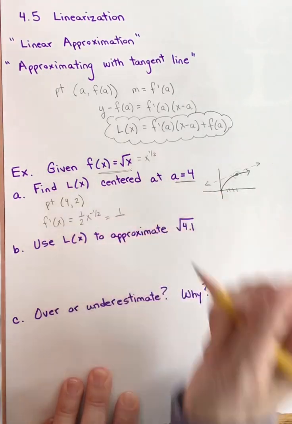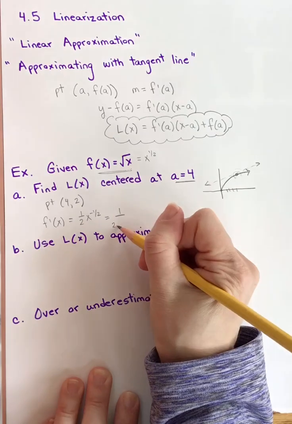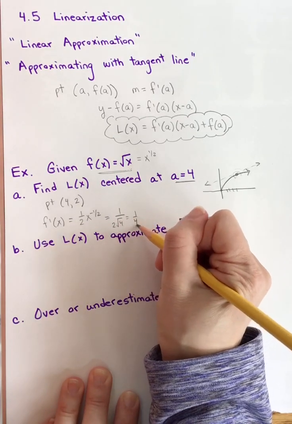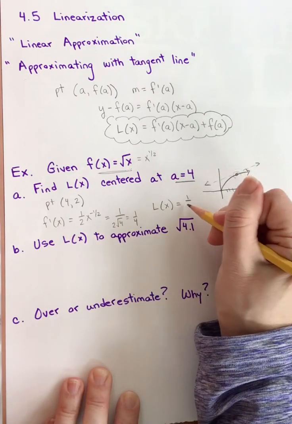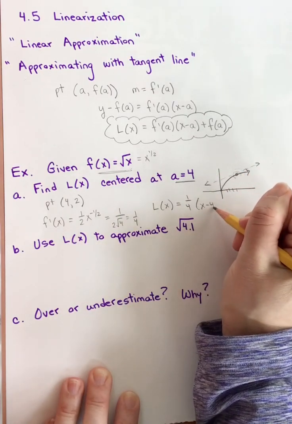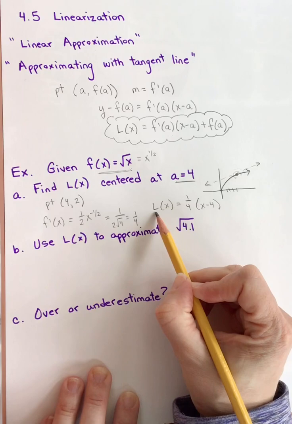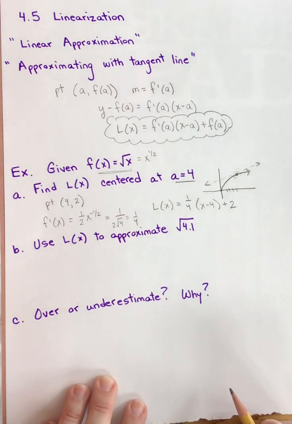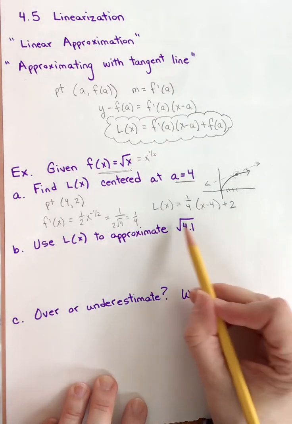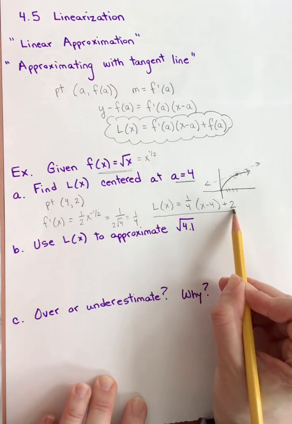If I plug in 4, I get 1 over 2 square root of 4, which is 1/4. So my linearization is going to be 1/4 times x minus 4, plus 2. Okay, so the first thing I want to do is find the linear approximation.